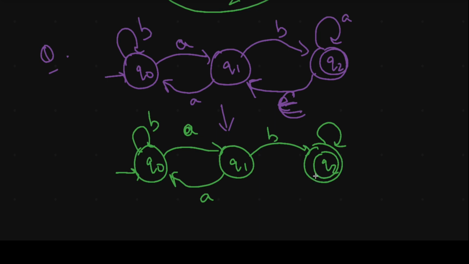We won't go to Q1 because it is a null move, and Q1 is going to Q0 on A. So we have to reach from Q2 to Q0 also, because currently we go from Q2 to Q0 by epsilon and then A. But if we eliminate this, we have to go directly from Q2 to Q0 on A. So this is our final automaton after elimination of the null move.